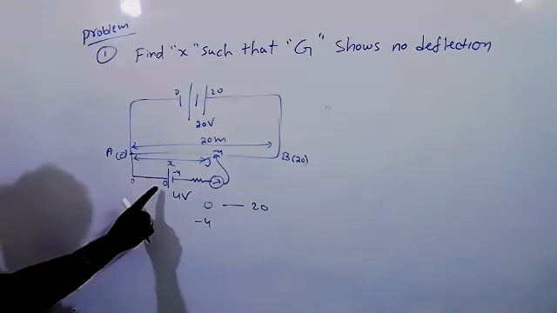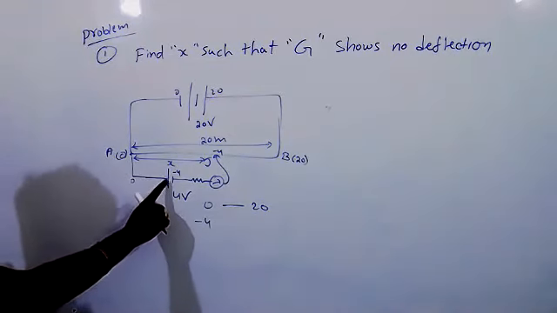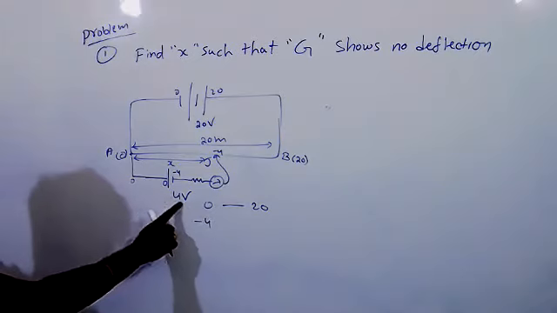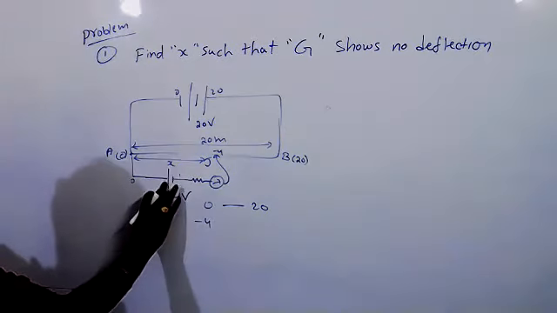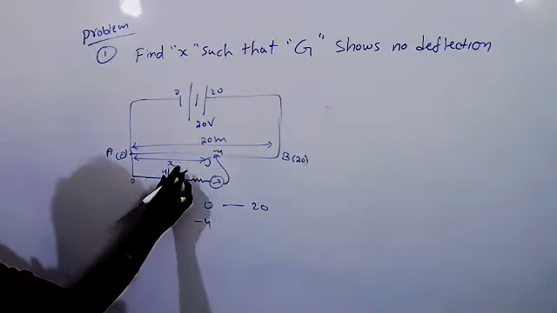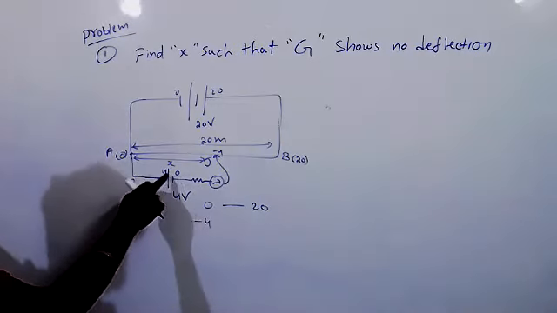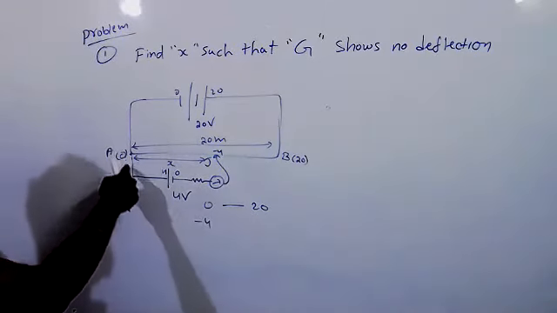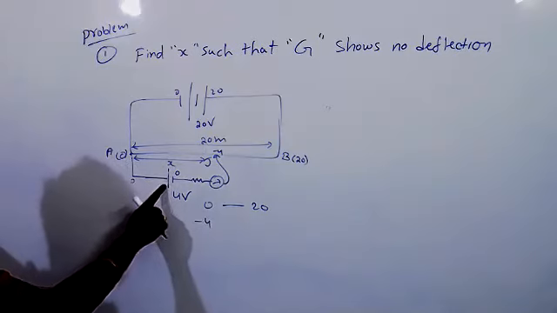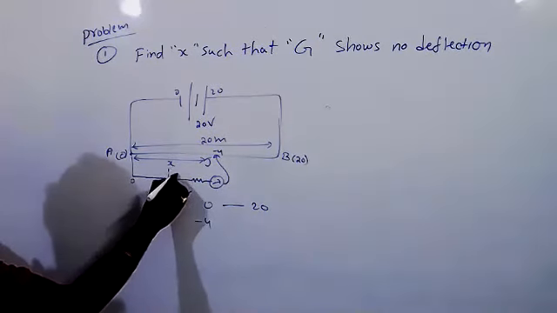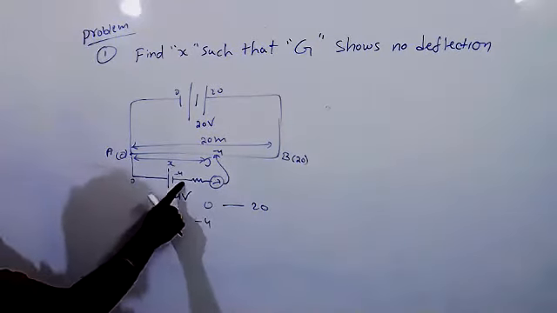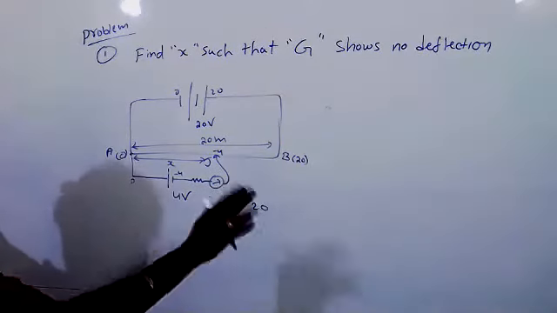Here 0, here 0. If you are taking 0, actually 4 volts means it is 4 and it is 0, high potential and low potential. But according to this, I have taken it as 0. If it is 0, it will be minus 4, and here also minus 4, because there is no potential drop.